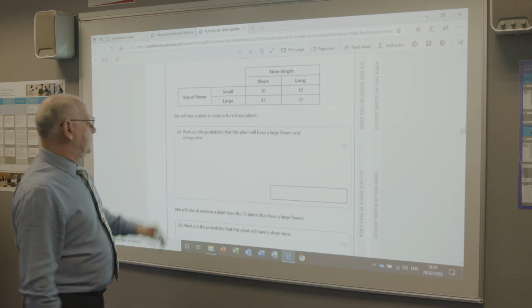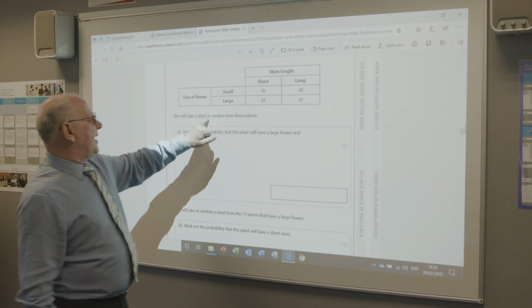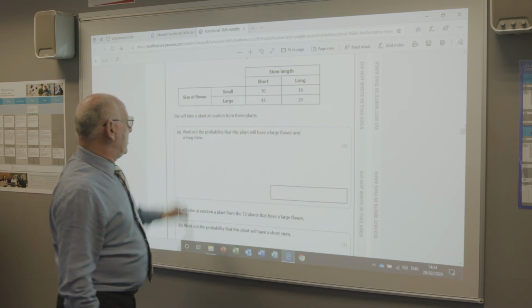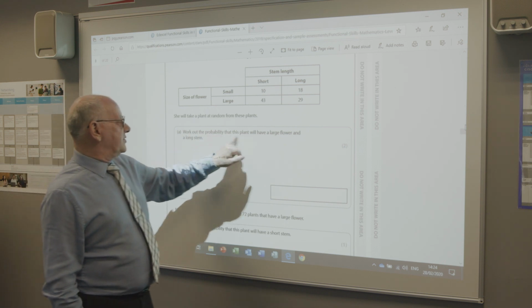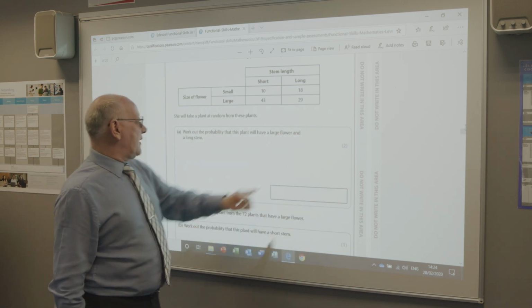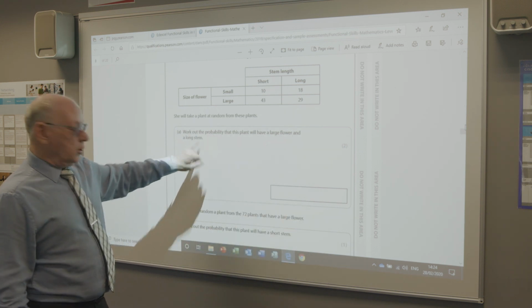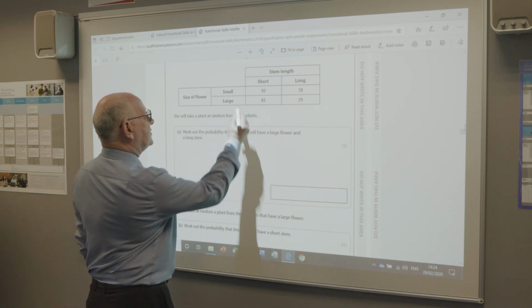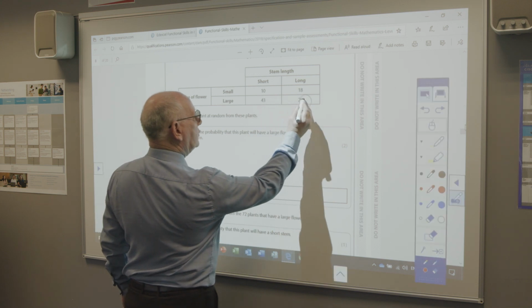The rest is easy. She will take a plant at random from these plants. Work out the probability that this plant will have a large flower and a long stem. So, there's a large flowers and there's a long stem.